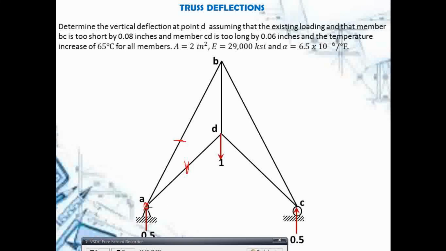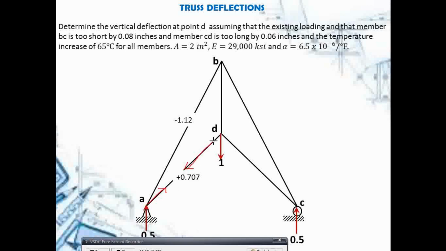Now, nung nag-solve ako using method of joints, these are the values na nakuha ko. You may be asking, bakit negative, bakit positive? Again, if you try to solve these bar forces using the method of joints, you will see that member AD is under tension.